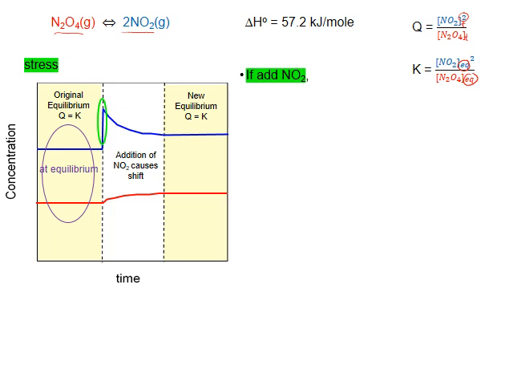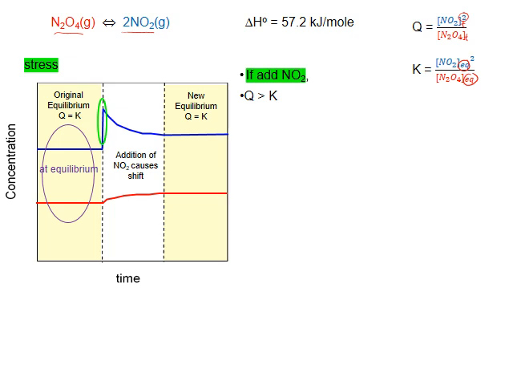What does this do to the value of Q? Since we've increased the concentration of the product, our numerator in our reaction quotient is now bigger than it was before. This means that Q is now greater than K. How should the reaction shift to reestablish equilibrium?